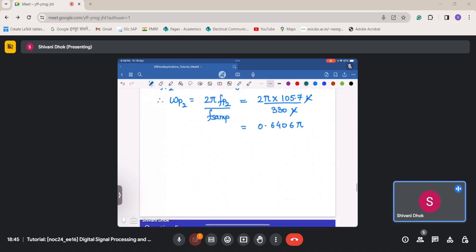Next thing we can do is for the stop band edges. For the stop band edges, the first stop band edge fs1 is equal to 81.7 kilohertz.